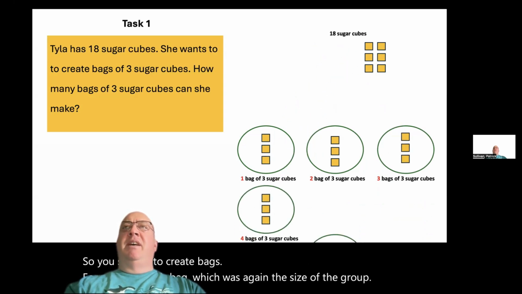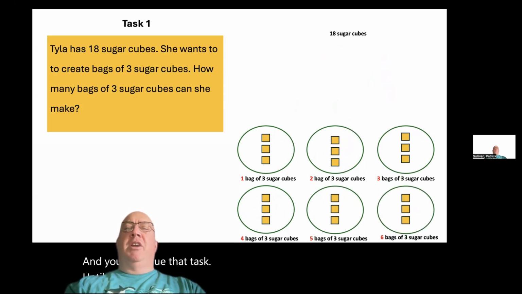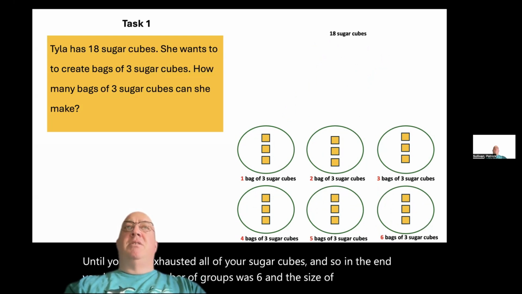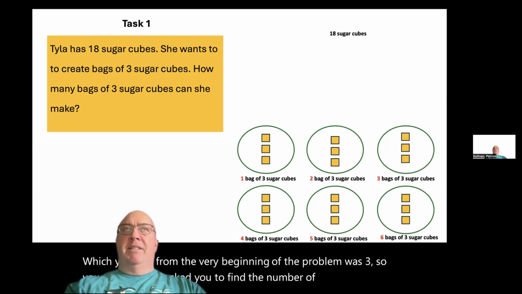And you continued that task until you had exhausted all of your sugar cubes. And so in the end, you knew the number of groups was six, and the size of the groups, which you had from the very beginning of the problem, was three. So the question asked you to find the number of groups. Now that was the first task.